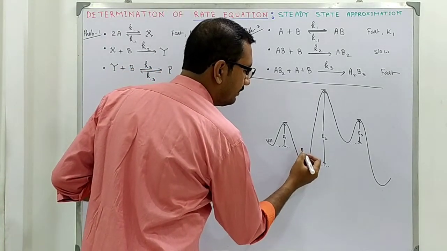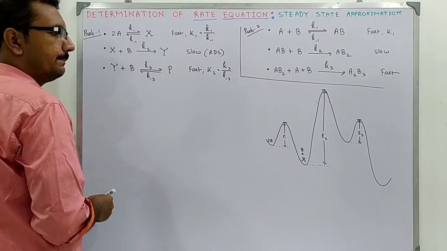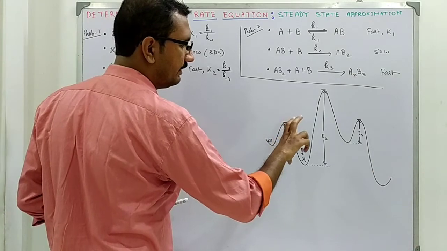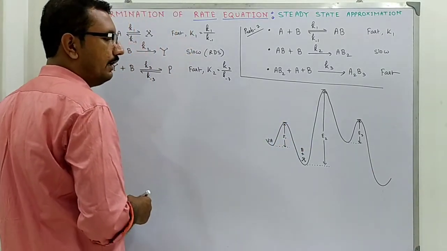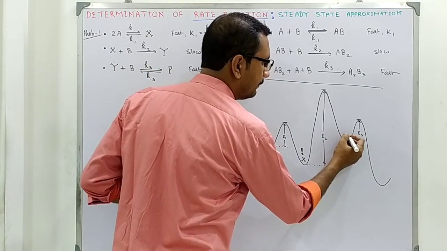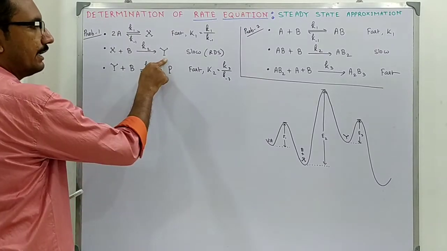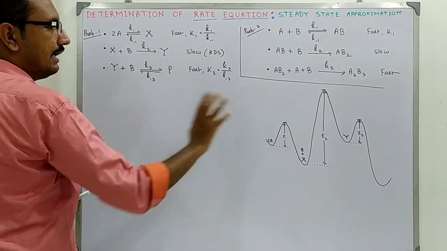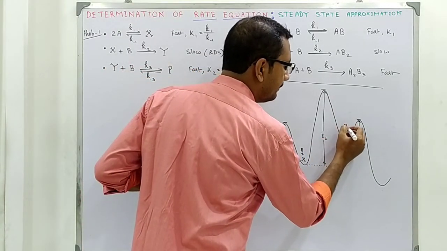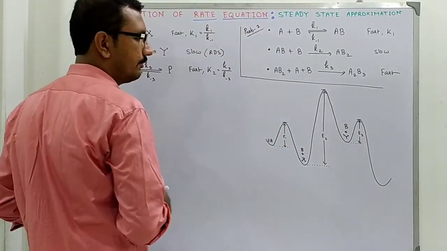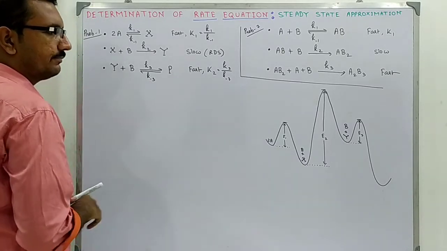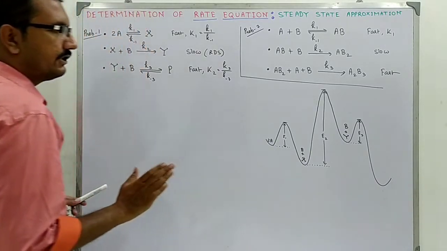So, X is reacting with B and is crossing the maximum barrier, that is the barrier having the highest activation energy, and it is passing through another transition state and giving the intermediate Y. It is the slow step, means it has high activation energy. Now B is present in the reaction vessel, so Y is again reacting with B and it is crossing the last barrier, which is also small, hence it is in equilibrium. So this is the energy profile diagram.